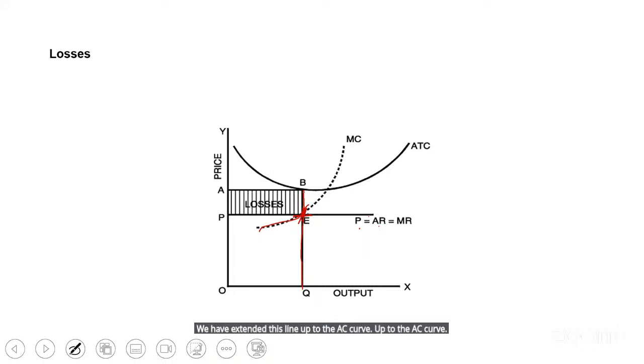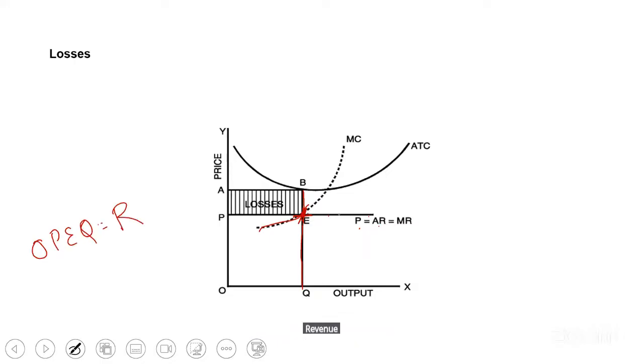Now, you can see that OPEQ is the revenue because this is your AR line too. And OABQ is the cost. So PE is revenue, AB is cost.